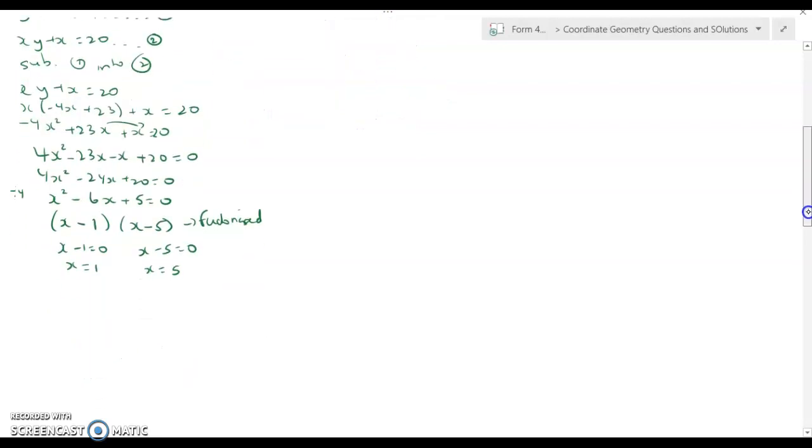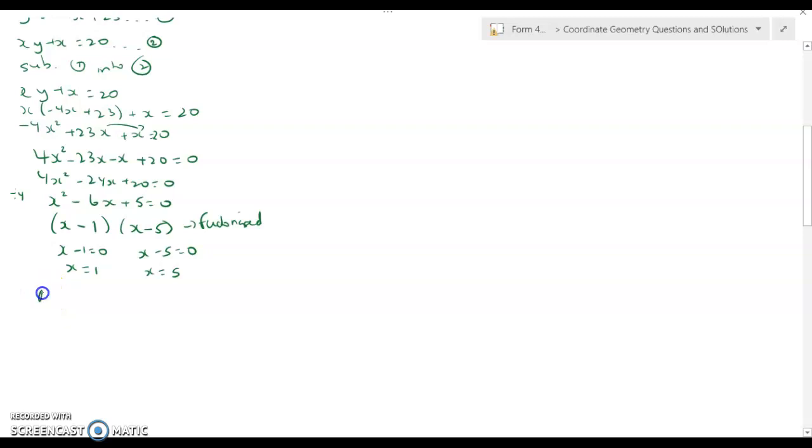So what we can assume is that this is the x value for, say, A, where the y value is unknown, and B, the x value is 5, and again, the y value is unknown. What we need to do is find the corresponding y values for here, right?